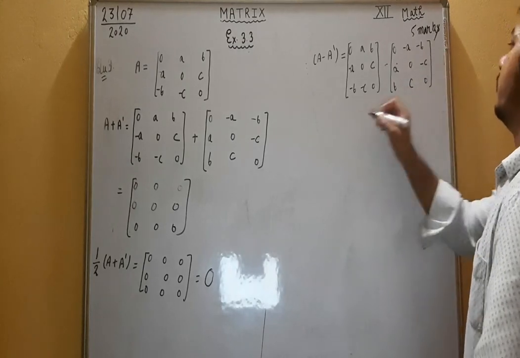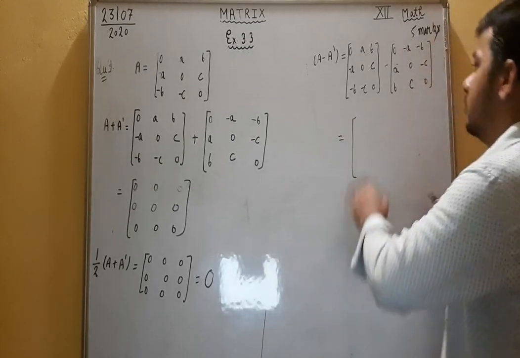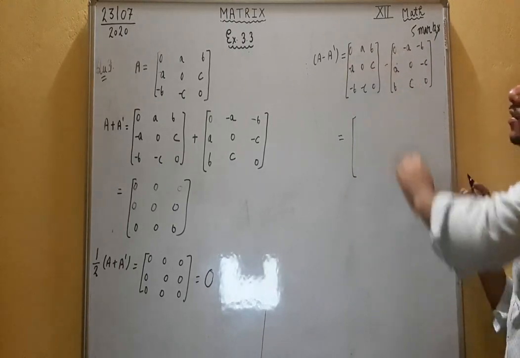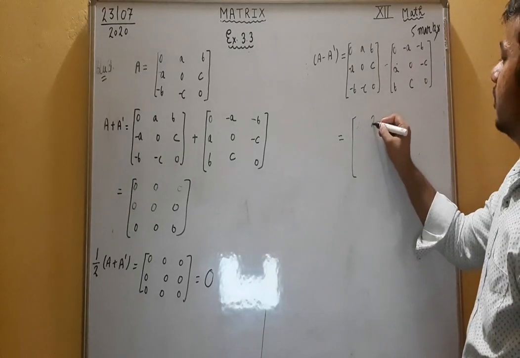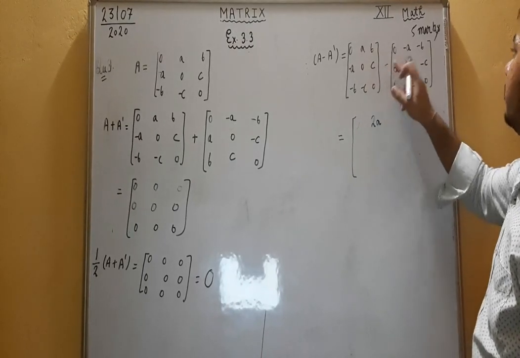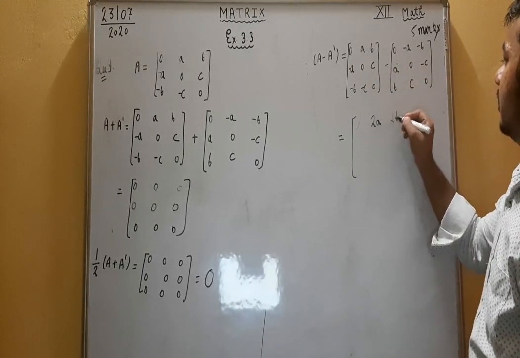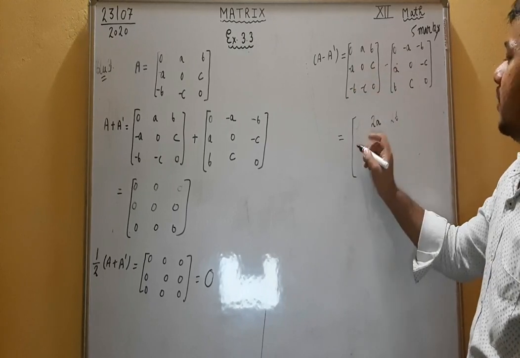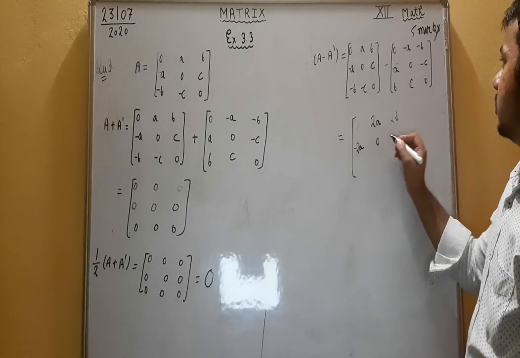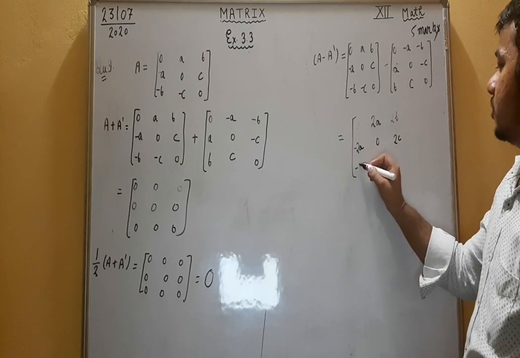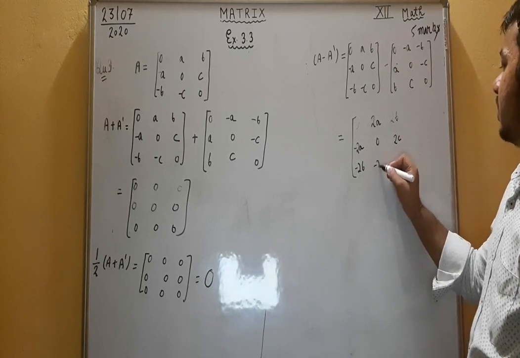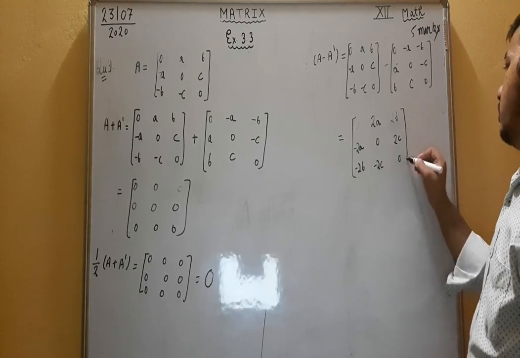This is the value of A dash. Now do the subtraction. 0 minus 0, 0. a, minus minus becomes plus, son, 2a. b, and here also there is minus, here also minus, means 2b. Minus 2a, 0, 0, 0, this is 2c, this is minus 2b, this is minus 2c and this is 0, right?